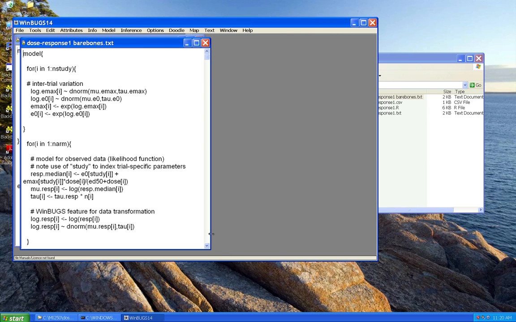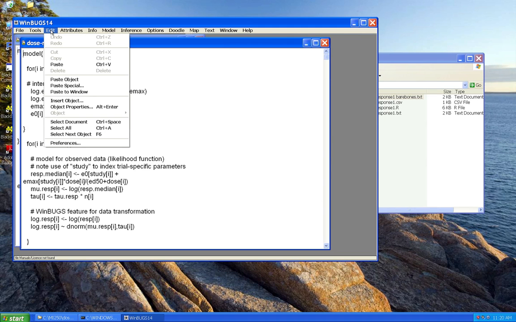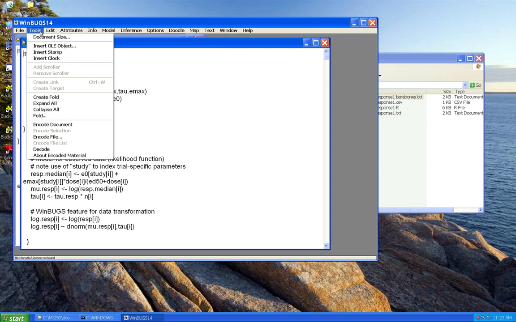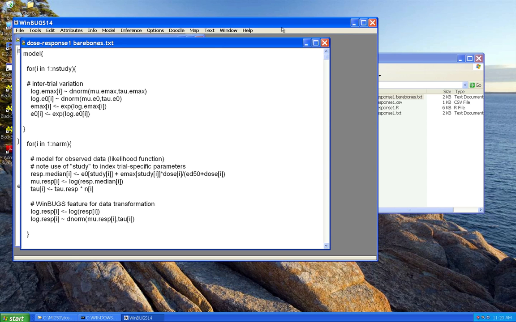Let me widen it a little bit. So what I'm showing here is actually the same thing I showed you on the slides.